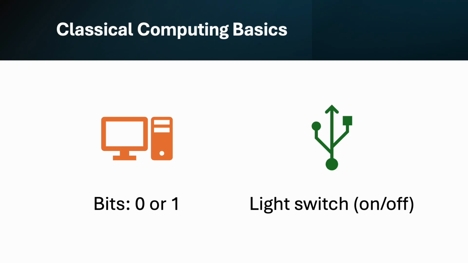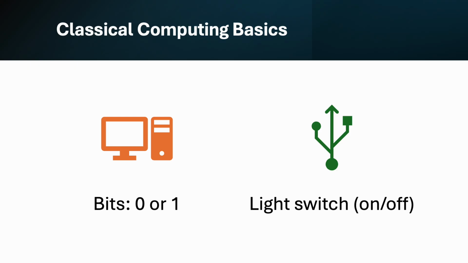These bits are manipulated using logic gates, which are like tiny decision makers that follow strict rules. For example, an AND gate only outputs a 1 if both of its inputs are 1. By stringing together millions of these logic gates in clever ways, classical computers can perform incredibly complex calculations.